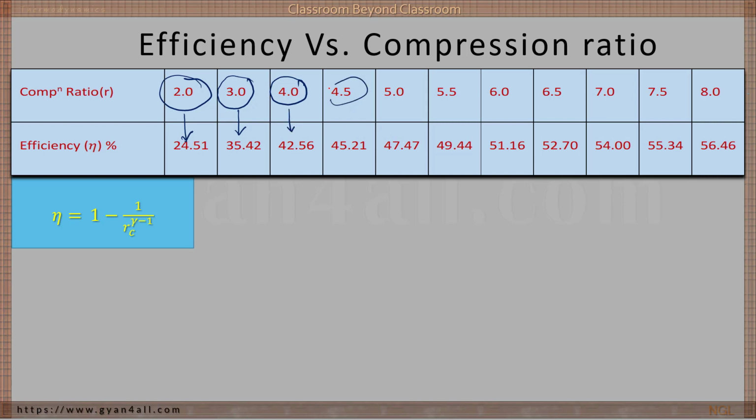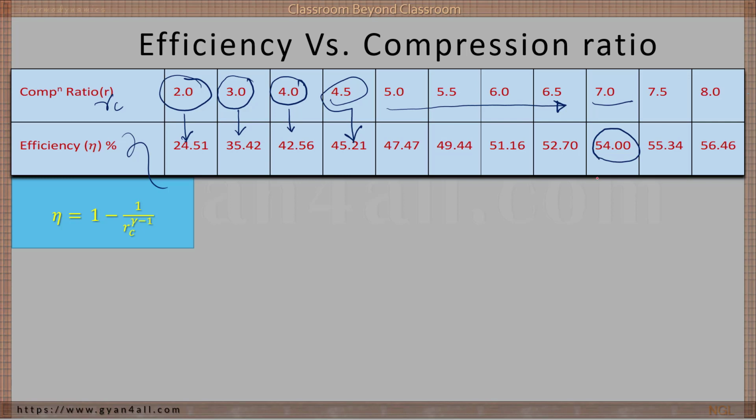If it is 4.5, then it is this much. This is the compression ratio RC, and this is the efficiency. So, if the compression ratio is 7, the efficiency is 54.